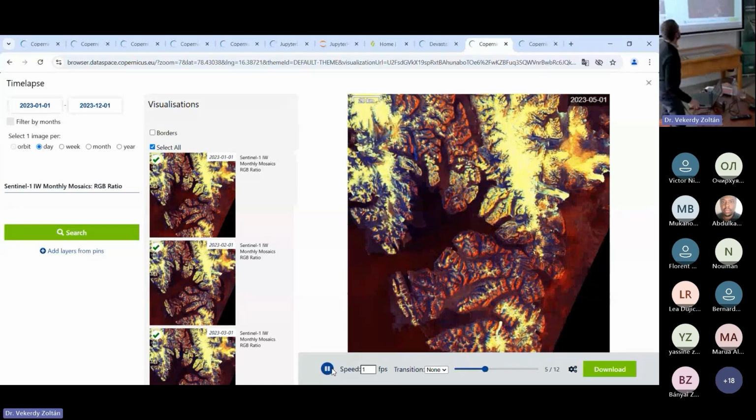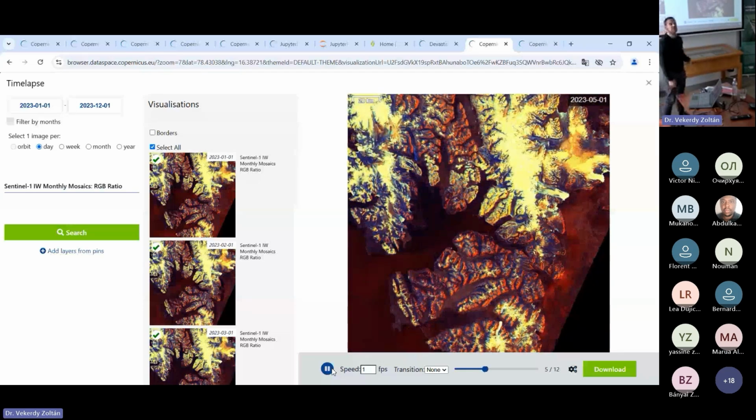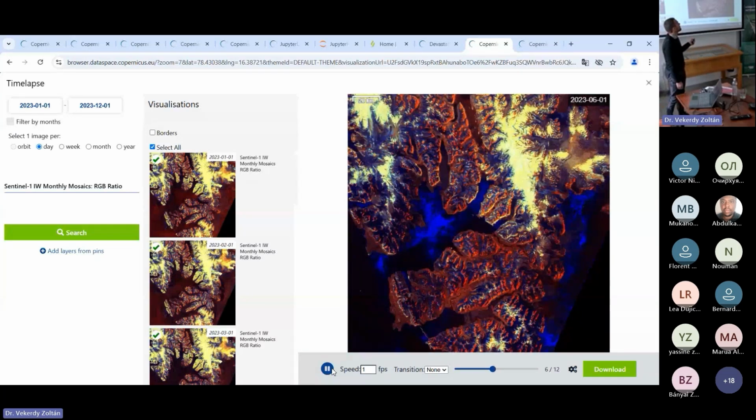Okay, well, at least it's working on my side now. So this is September, October, November, December, January, March, April, and summer again. So what we see, these areas are snow, right? This is the top of a mountain range. And then we can observe the changes in the snow cover.